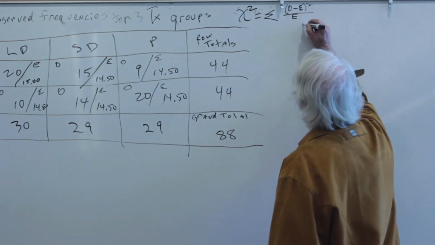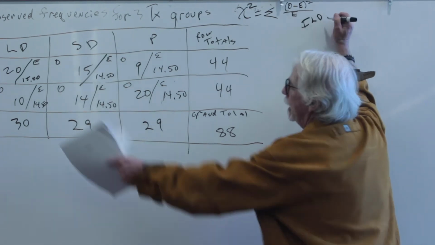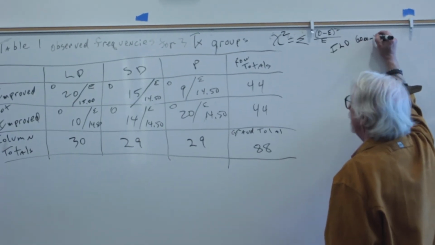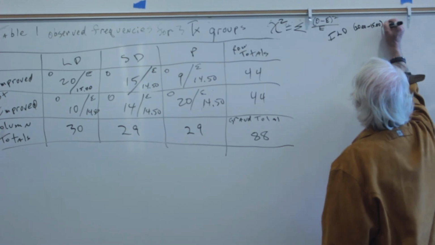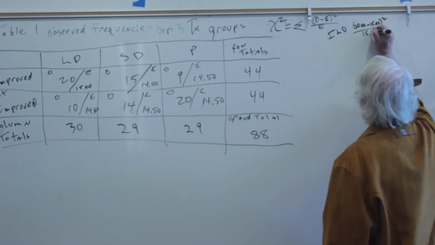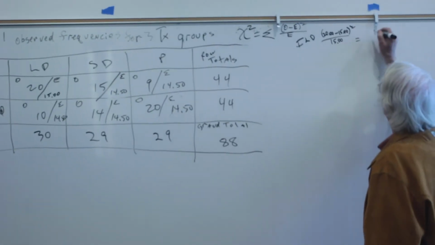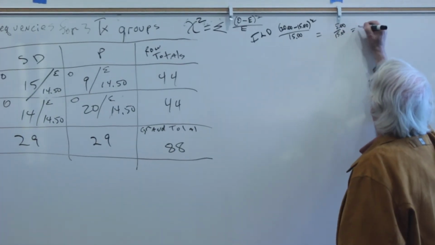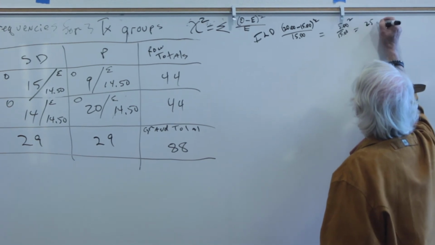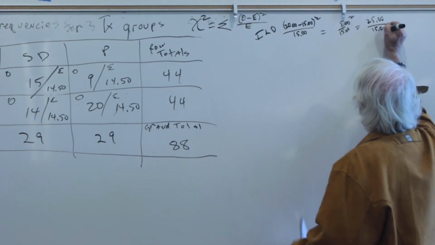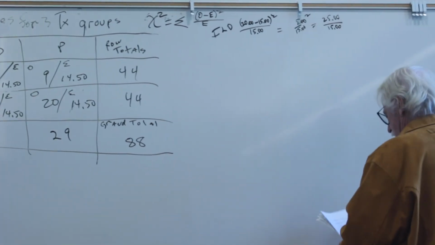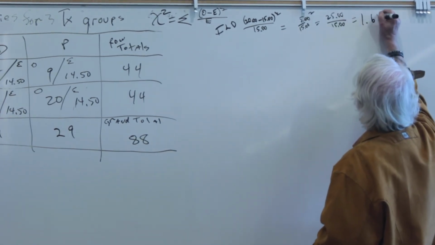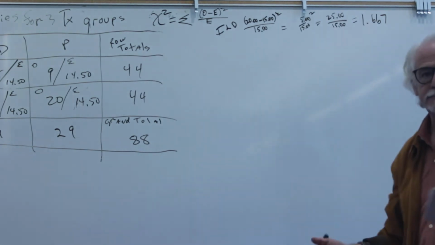So now I have the improved low dose. Start in the same place, and I have the observed value of 20 minus the expected value of 15 squared over the expected value of 15, which we all know is 5 over 15. 5 squared over 15, or 25 divided by 15, which is equal to 1.667.